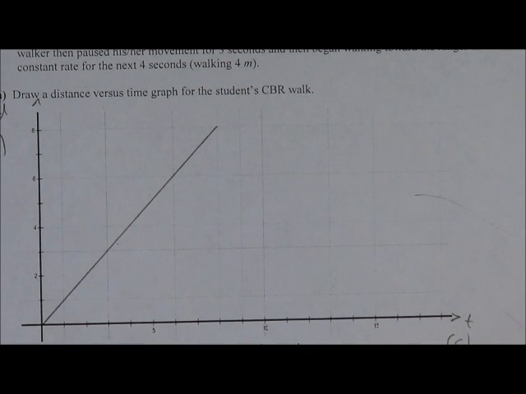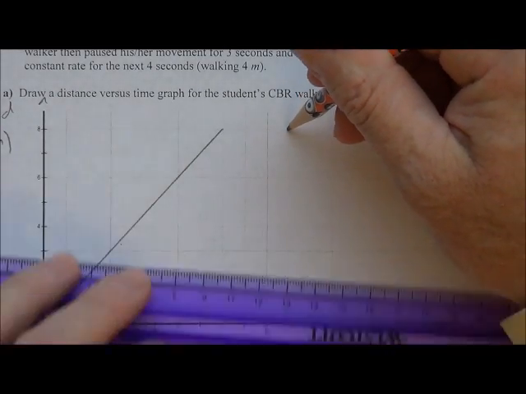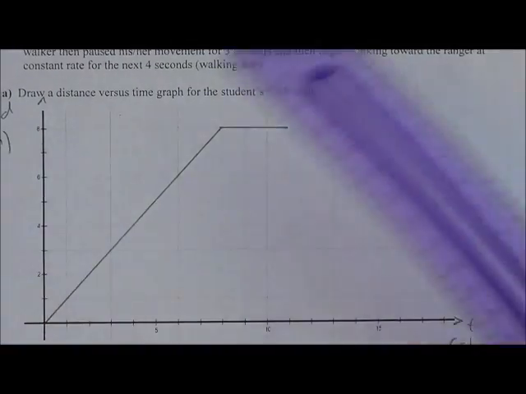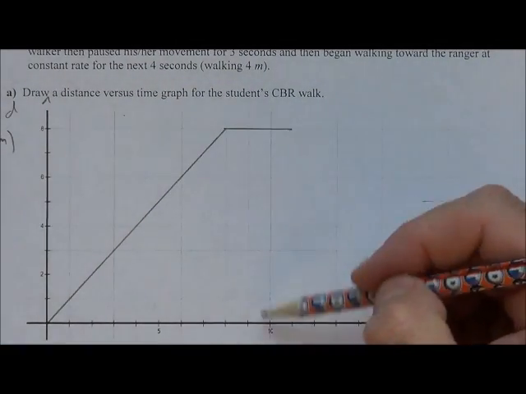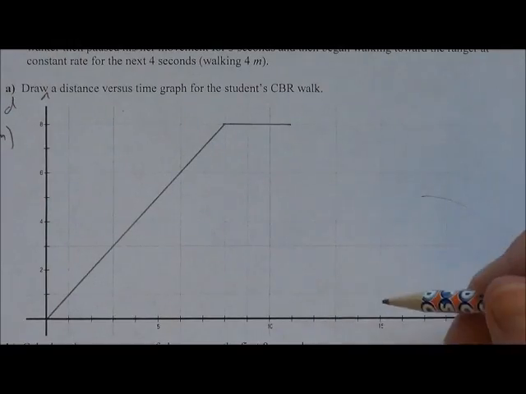And then the person pauses for 3 seconds, up to the 11-second mark. Obviously when they pause, they're not moving, so their distance from the ranger is not changing. And then they're going to walk back 4 meters over the next 4 seconds.